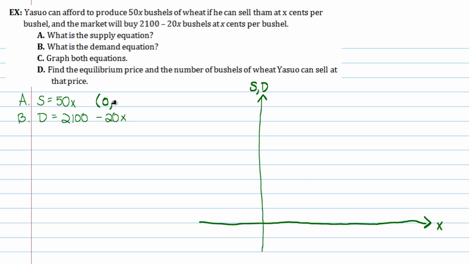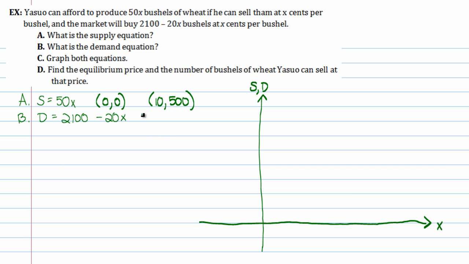When x is 0, well, I supply nothing. If people say they'll give me nothing for a bushel, then I'm not going to bring anything to market. But if x is 10, if they give me 10 pennies per bushel, I'm willing to bring 10 times 50, or 500 bushels, to market.